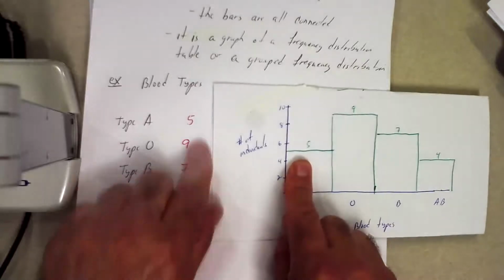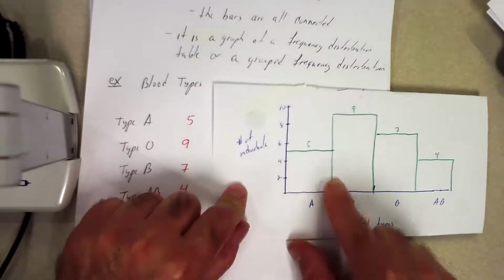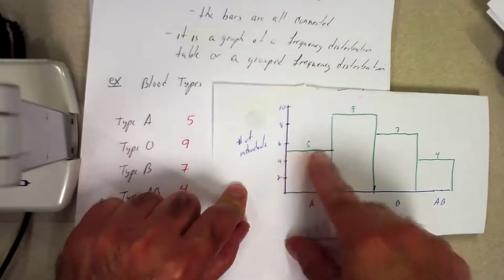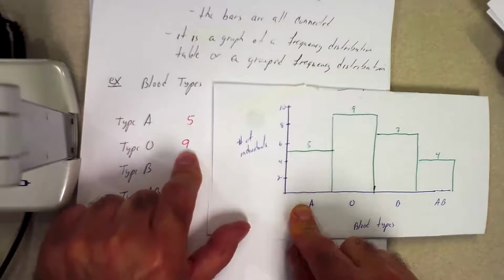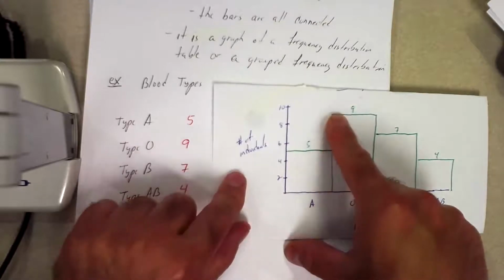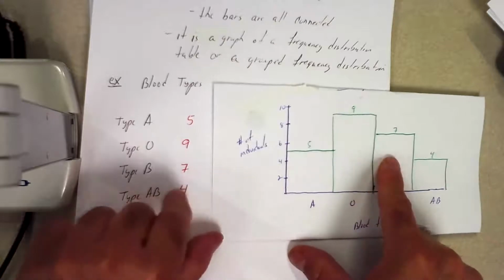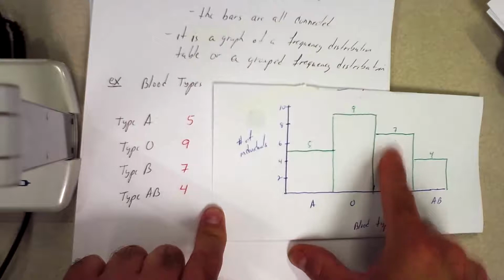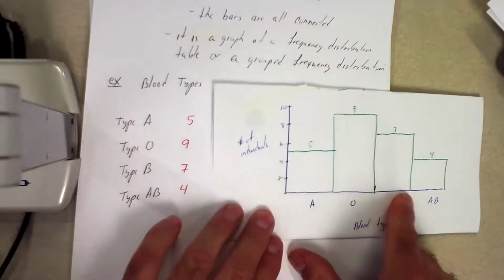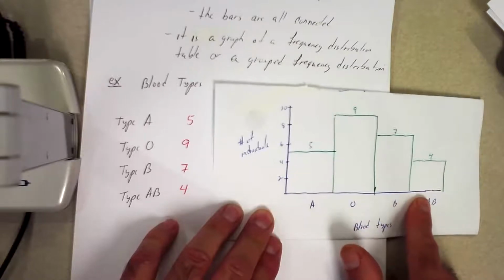So for the A's, I'm going to go up 5. There's my block for the type A's. Then the next one, I'm going to go up to 9. B's are 7, goes up to there. And type AB is 4, and it goes there.